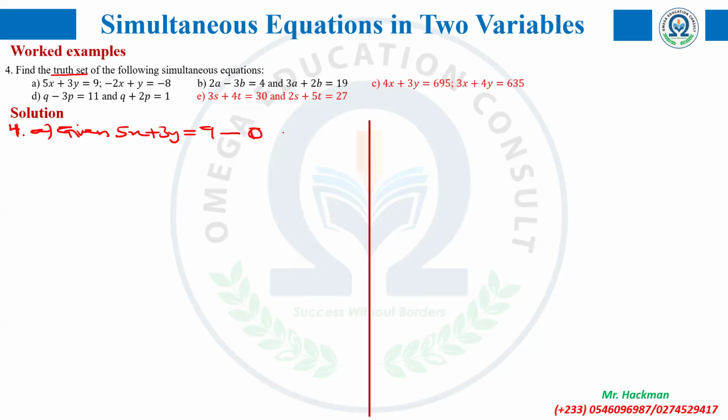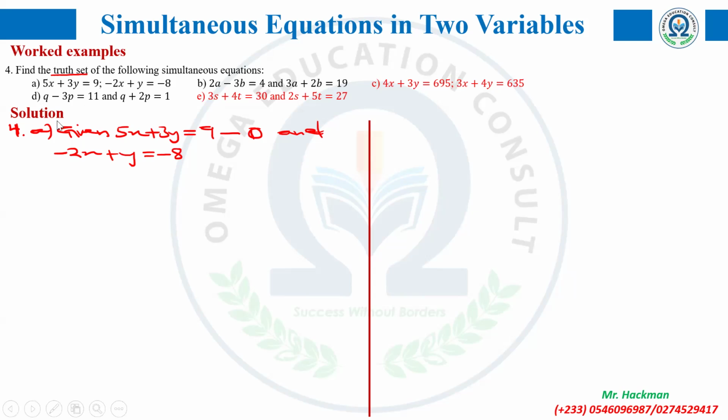We go and extract the second equation, and that is minus 2x plus y is equal to negative 8. Per my plan, and this is the advice, if you are moving alphabetically, make sure, if possible, your leading coefficient is positive.